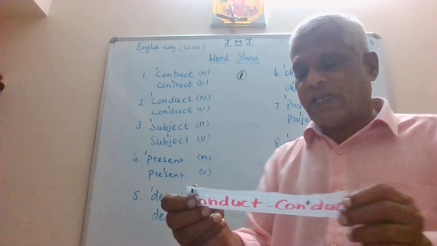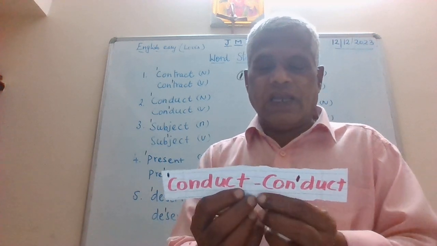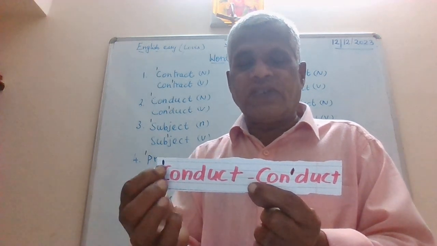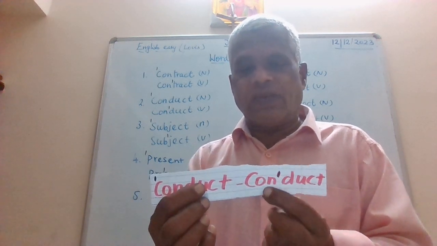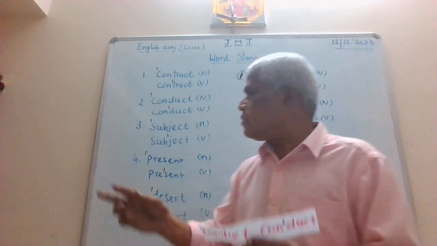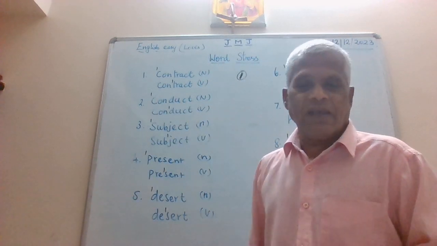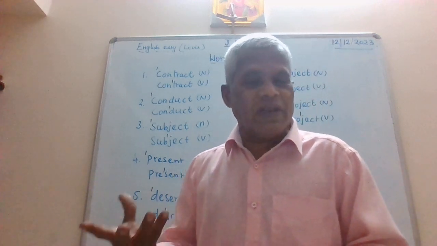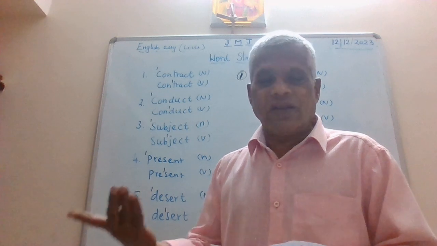Like in my previous video I showed you these words, here the stress is on the first syllable, here the stress is on the second syllable. Now what do you mean when you have the stress on the first syllable? Conduct. Conduct is a behavior. Behavior of a person. Characteristics. Behavior.